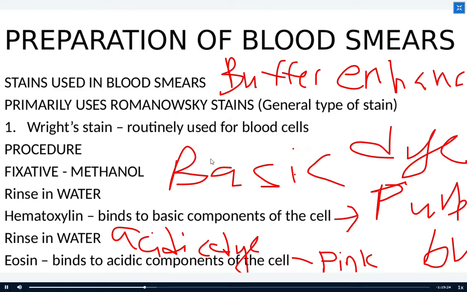Sa pagkakaalala nyo, anong WBC would be able to absorb your eosin dye? What type of WBC would absorb your eosin dye, class? They would produce pink or red daw.